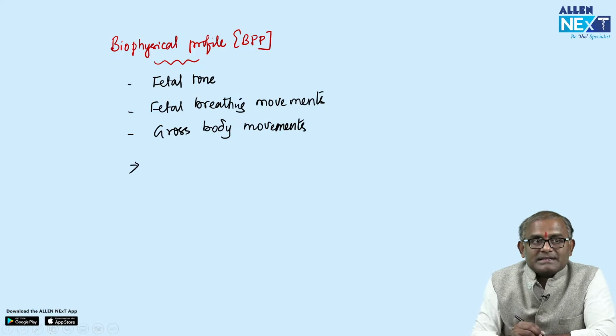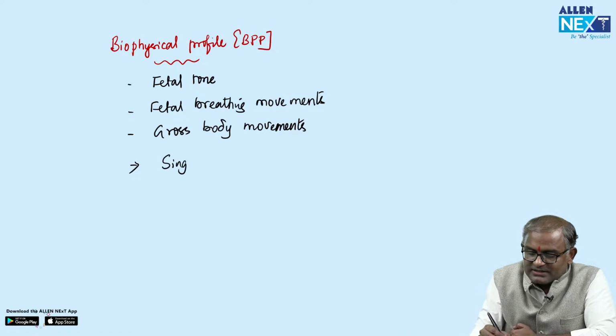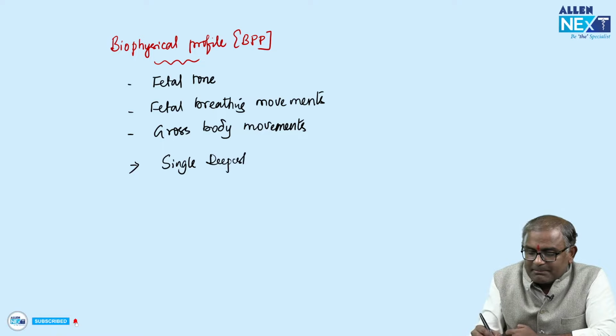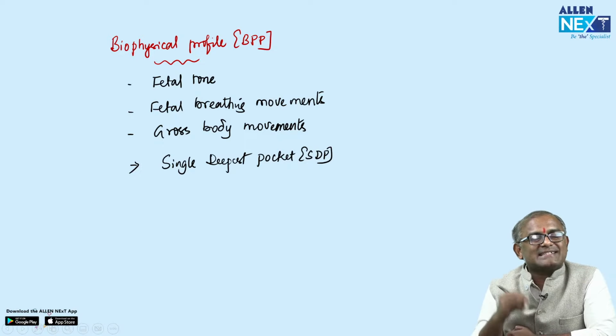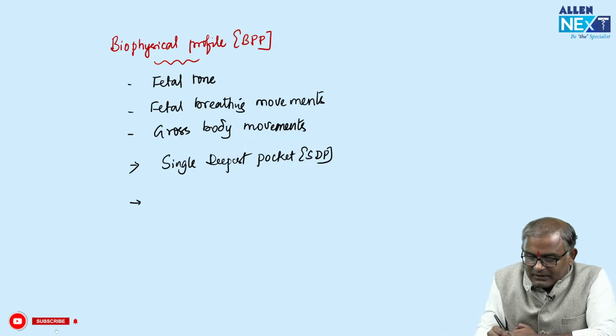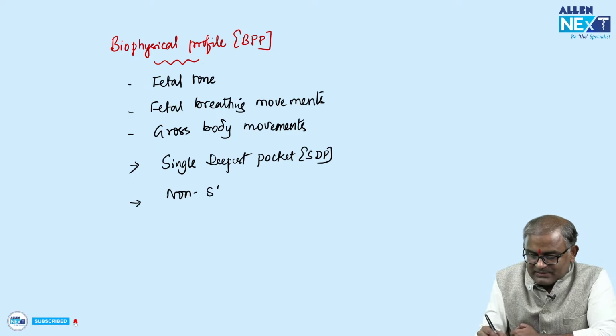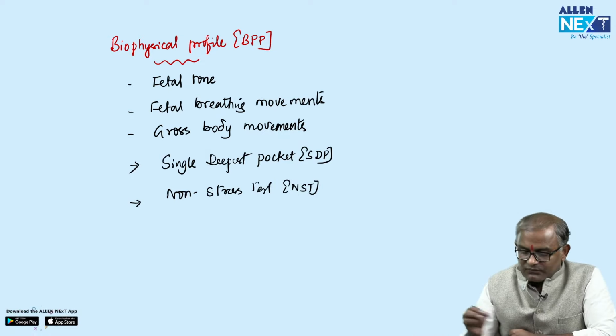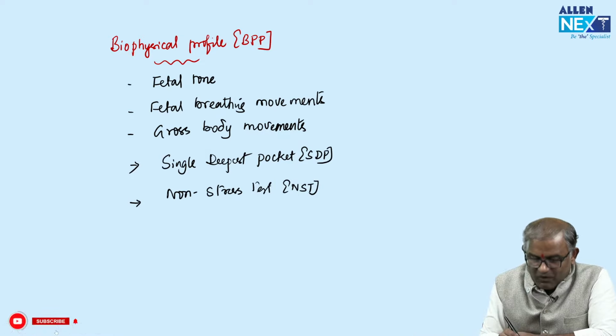Then single deepest pocket, not the amniotic fluid index. Single deepest pocket, SDP, which is also called maximum vertical pocket. Then the non-stress test, NST. So these are all the 5 components of the biophysical profile.